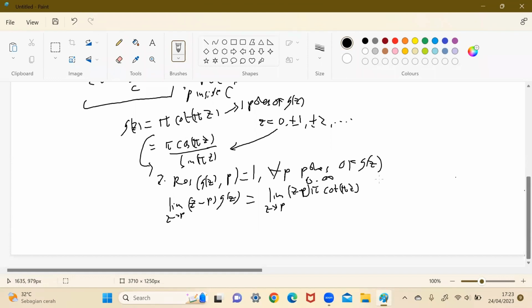Because of this, we have to manipulate this into something more favorable. One way of doing this is by rewriting cotangent of pi z as cosine over sine.